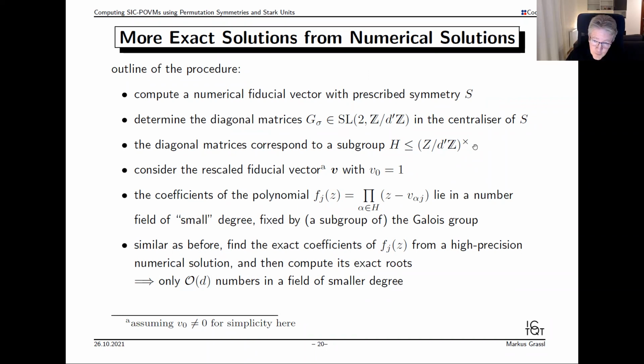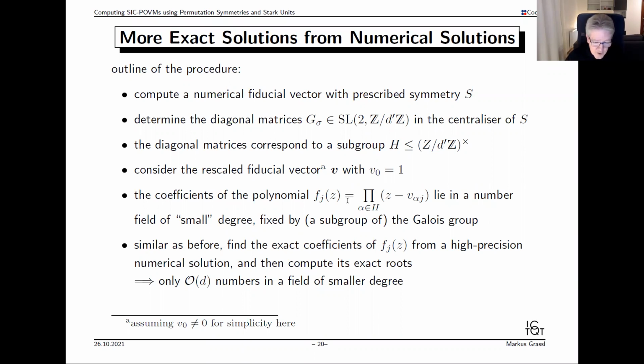This gives a subgroup of the units of our indices, and we can now apply the very same trick: we take the orbit of the coordinates of our fiducial vector with respect to the subgroup, form the polynomials, and lift this polynomial when we have sufficiently high precision to make exact ones, calculate exact roots, and by that we have calculated our fiducial vector.